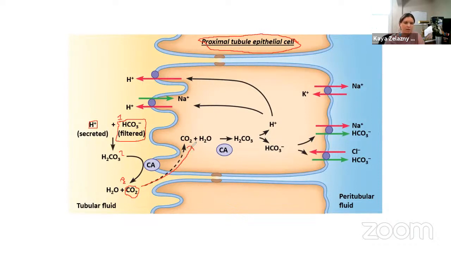Okay, so now we have CO2 in the epithelial cell. We have more water. And right, this is a kind of repetitive process. So we're now taking this carbon dioxide and converting it back into carbonic acid with some more carbonic anhydrase.